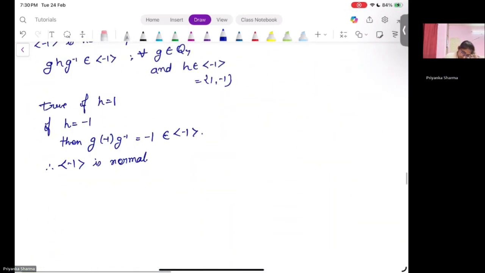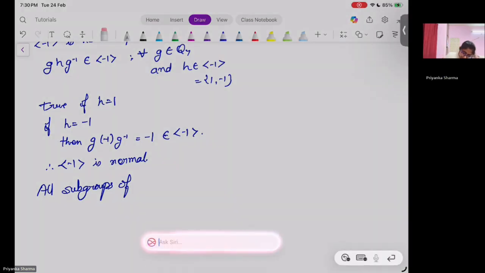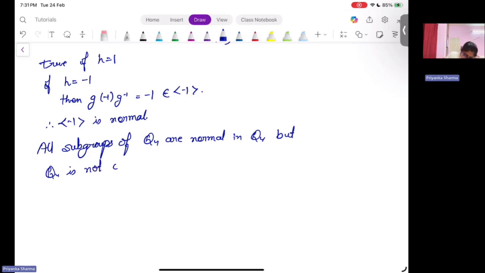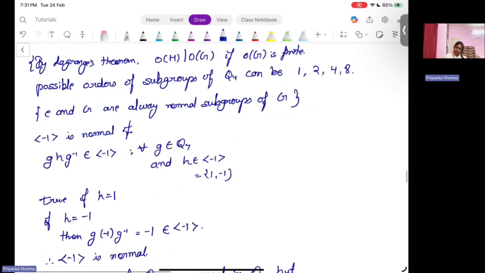So all subgroups of Q4 are normal in Q4, but Q4 is not cyclic. So the statement is false.